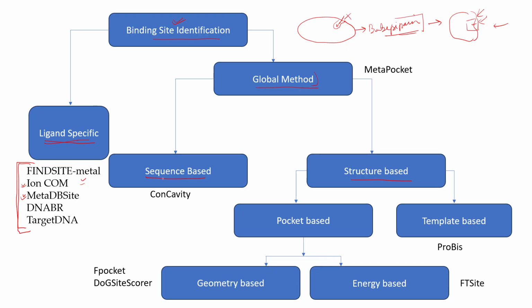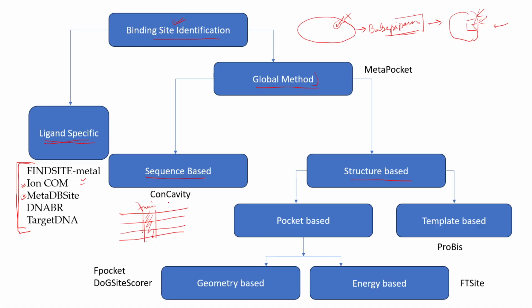When you say sequence base, it is looking for sequence similarity by comparing with other sequences. They are looking for a conserved region, and when you find this conserved region, this may be a domain.